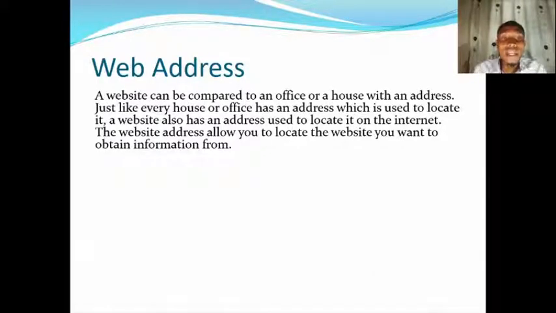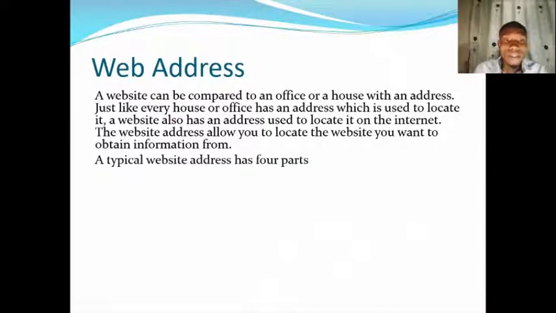The website address allows you to locate the website you want to obtain information from. Without the address of that website, you can't get to the website. It's just like a house or an office with an address. If you don't know the address of the house, you can't get to the house. So that's exactly how the web address is.